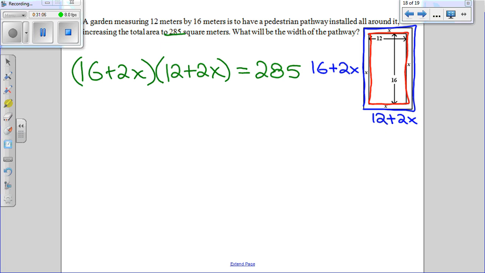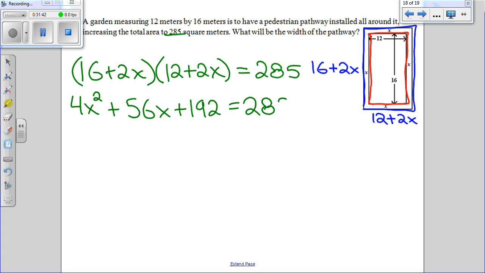So I expand this thing to become 4x squared plus 24x plus 32x, which is plus 56x, plus 192 equals 285. And if I were you, I would just FOIL that or area diagram that to get that. So expand those two things, right? You get that. Promise. Then you need to move the 285 over.